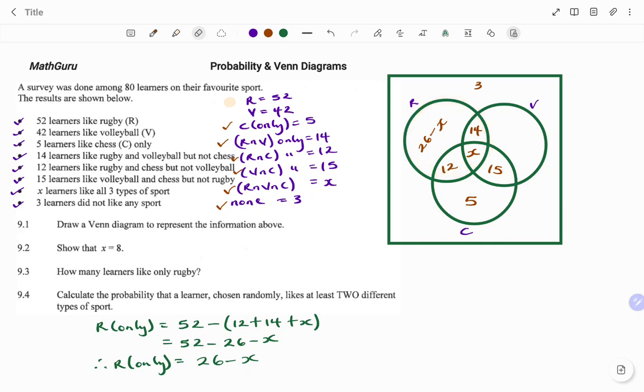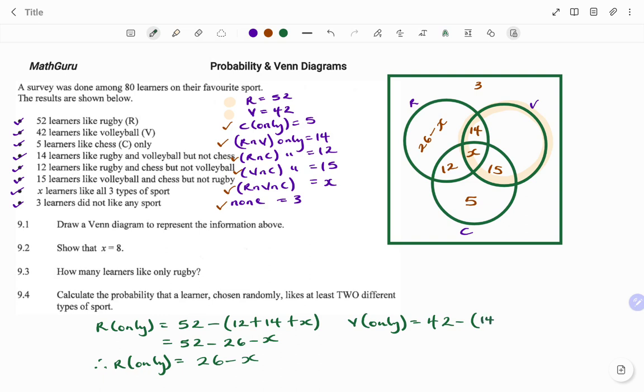Likewise, in order to find the number of learners taking volleyball only, so I have V only equals, I'm going to circle the ring representing volleyball. I've been given the total number of learners taking volleyball, that's 42, minus the total of those taking volleyball with other sports.